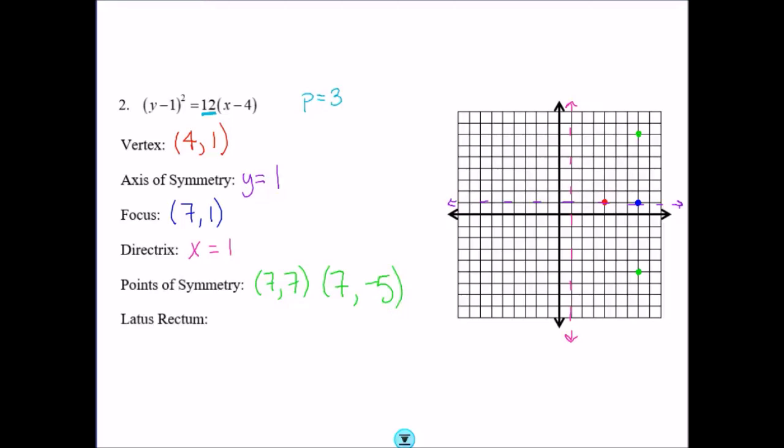Lastly, our latus rectum is the distance between the 2 points of symmetry, which is 4p, which will be 12. Now we can connect the points of symmetry and the vertex to create our parabola. And there we go. All of the points along that parabola should be equidistant from the focus and the directrix.